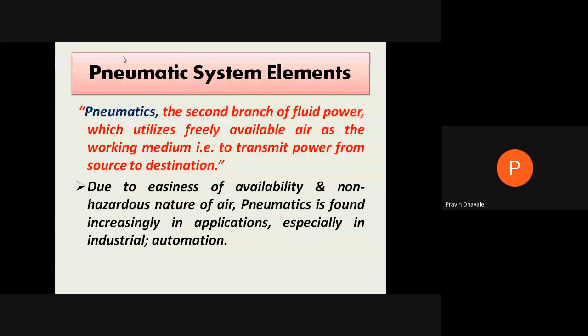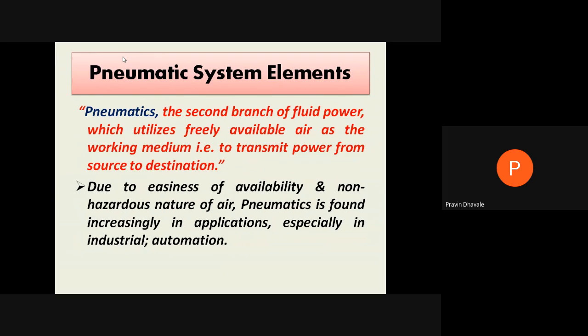Now, what is pneumatic? Pneumatic is nothing but the branch of the fluid power, like hydraulics, right? In hydraulics, the pressure energy of the liquid or oil is utilized to carry out the mechanical operation. Likewise, in pneumatic, the pressure energy of the air or gases is utilized in order to carry out different mechanical operations.